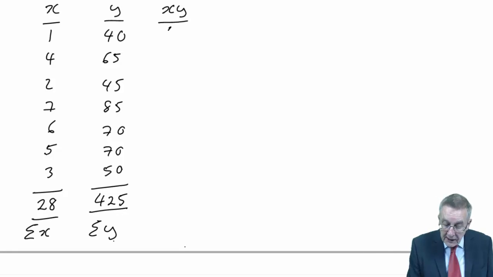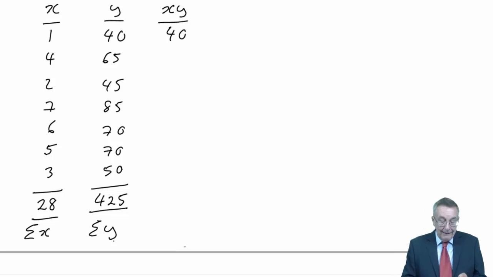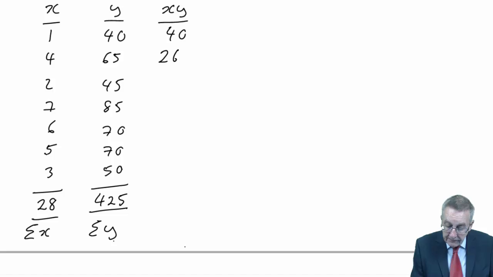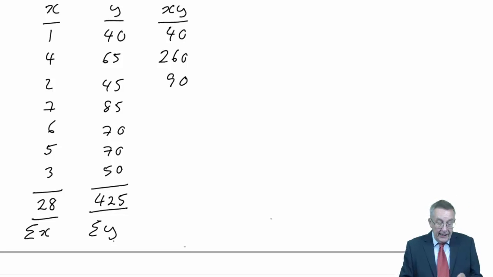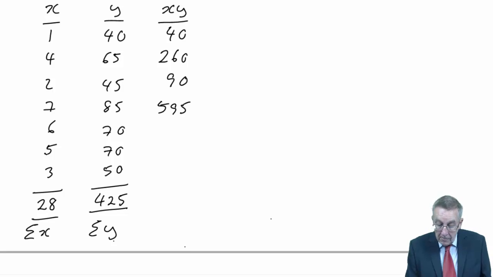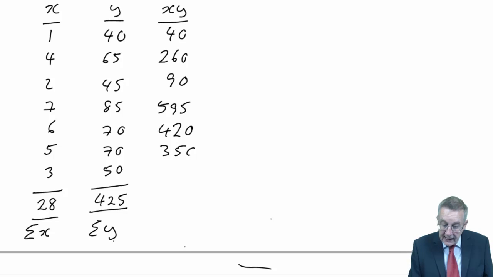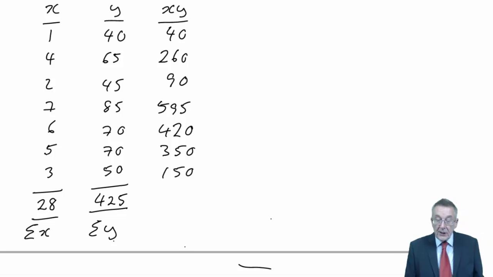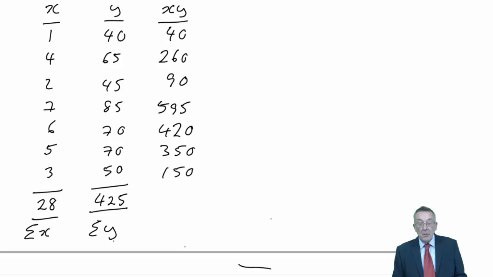So 1 times 40 is 40. 4 times 65 is 260. 2 times 45 is 90. 7 times 85 is 595. 6 times 70 is 420. 350. 150. So there's xy in each case.